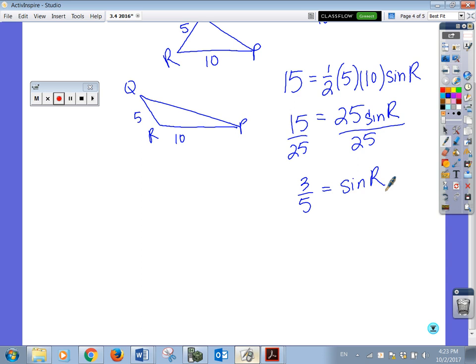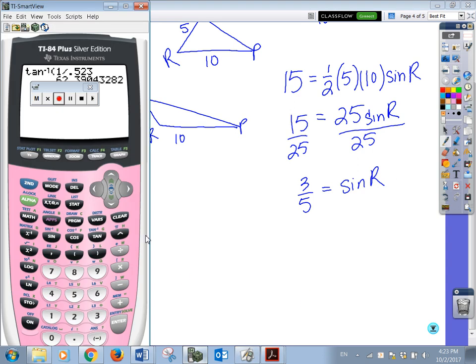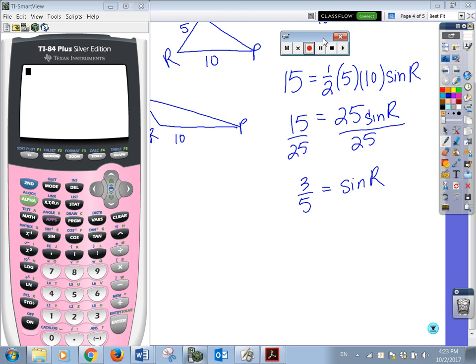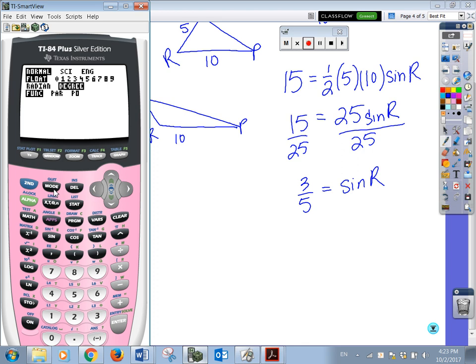Anytime you are finding an angle, you use the inverse. Say that again. Anytime you are finding an angle, you are going to use the inverse. And we're dealing with this triangle right here, so we're going to be in degree mode. So make sure your calculator is in degree mode.